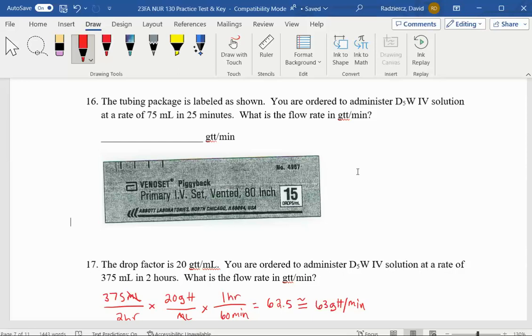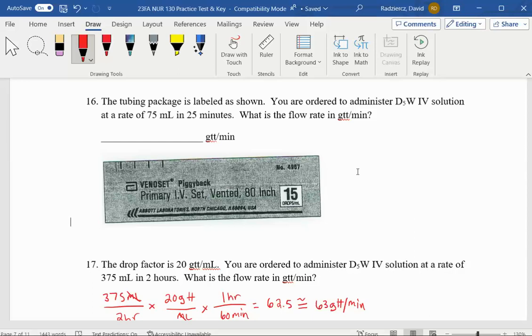And you might see this with ATI, maybe NCLEX later on, you will get an example that says microtubing, and the drop factor for microtubing is a standard 60 drops per milliliter.